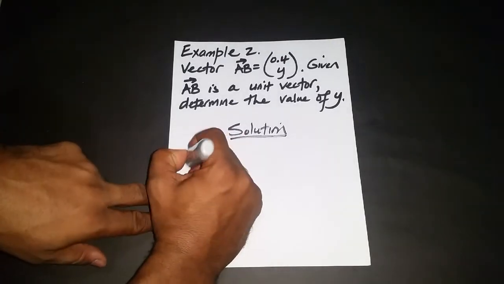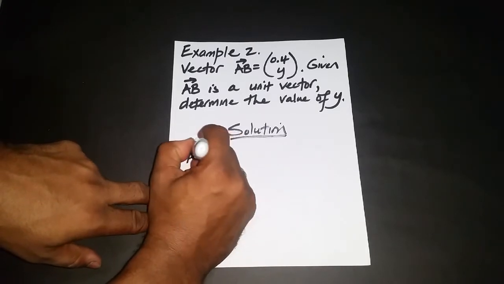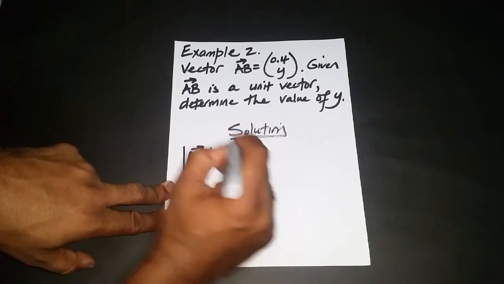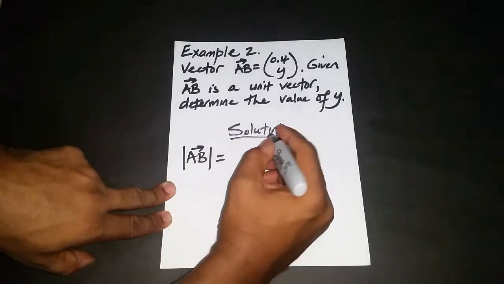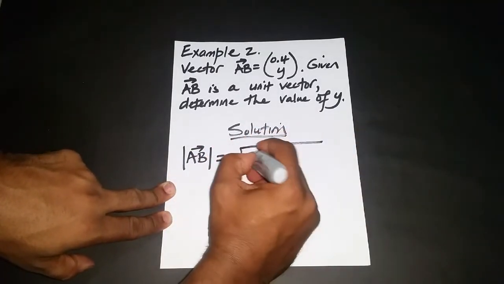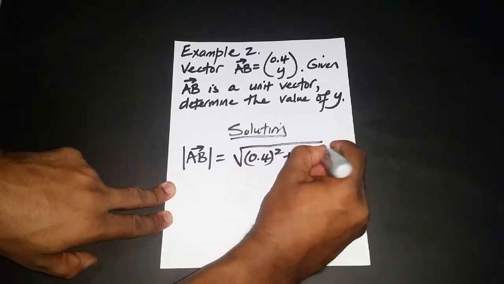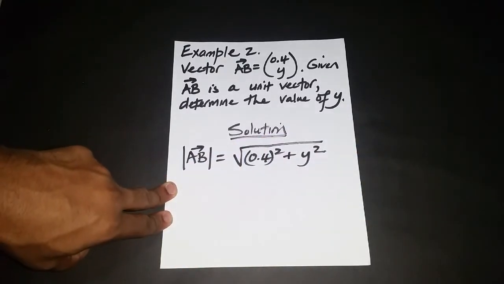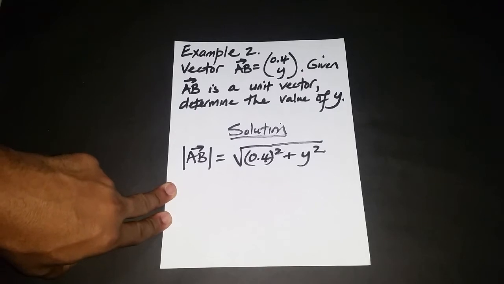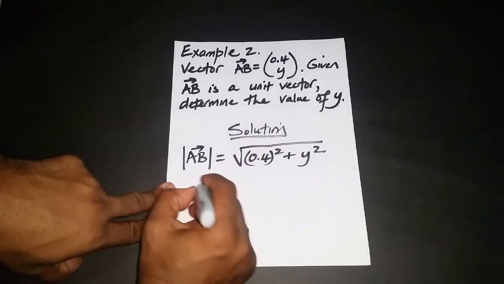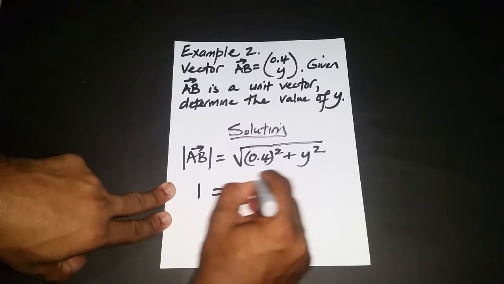So let's proceed. The first thing we need to do is write the equation that represents the magnitude of a vector. So it will be the square root of (0.4 squared plus y squared). Because you're told that AB is a unit vector, the magnitude must be equal to 1.